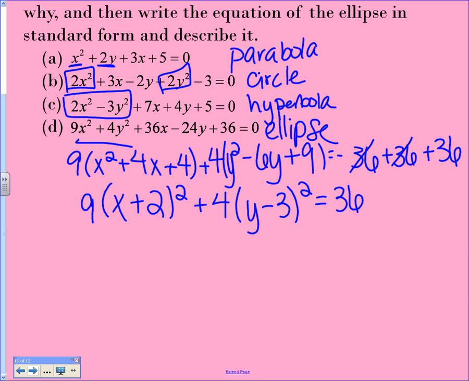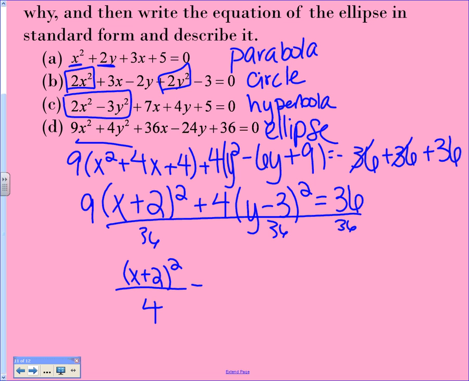Y'all agree so far? So then what do you do? Divide everything by 36. So you end up with x plus 2 squared over 4 plus y minus 3 squared over 9 equals 1, right? So it says describe it. So what do we know about this ellipse?